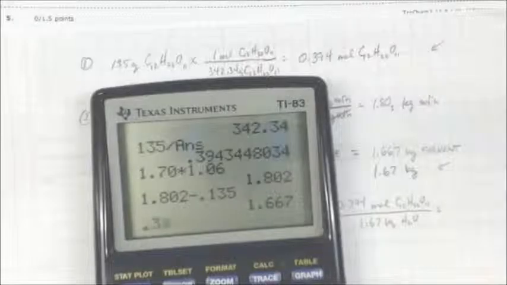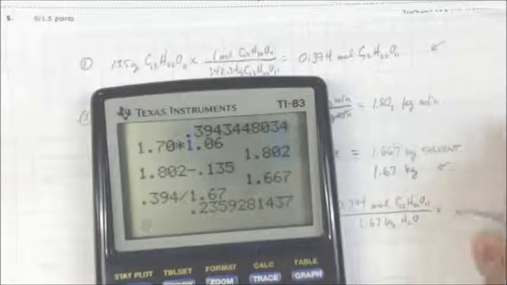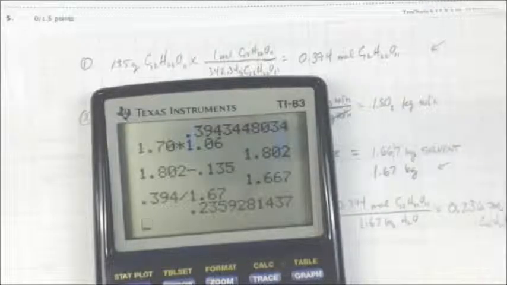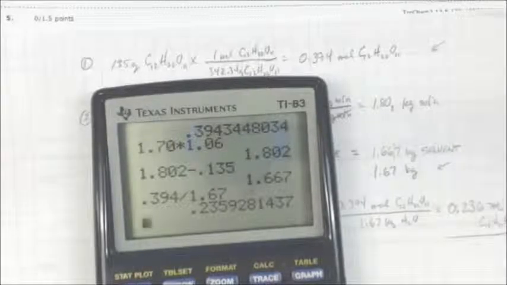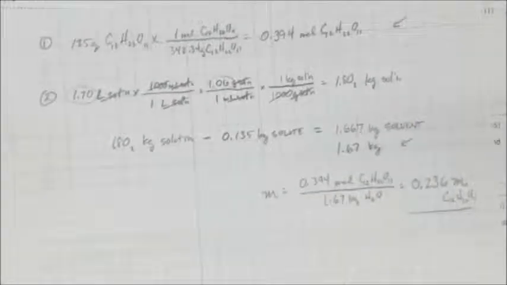And so 0.394 divided by 1.67, again at 3 sig figs, 0.236 molal C12H22O11. So now that's not an answer, but that's a big step right there. So that's where we are right now so far.